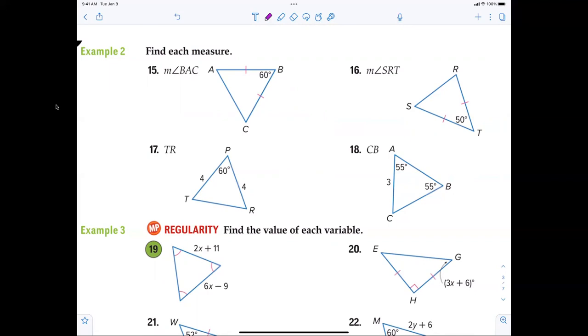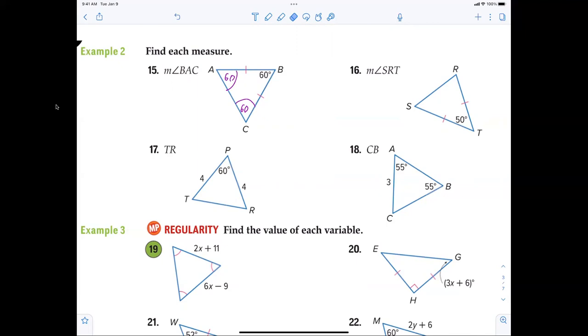Why? Which means those two angles have to add up to what? 120. That's correct. And 120 divided by 2 is 60 because they are equal.